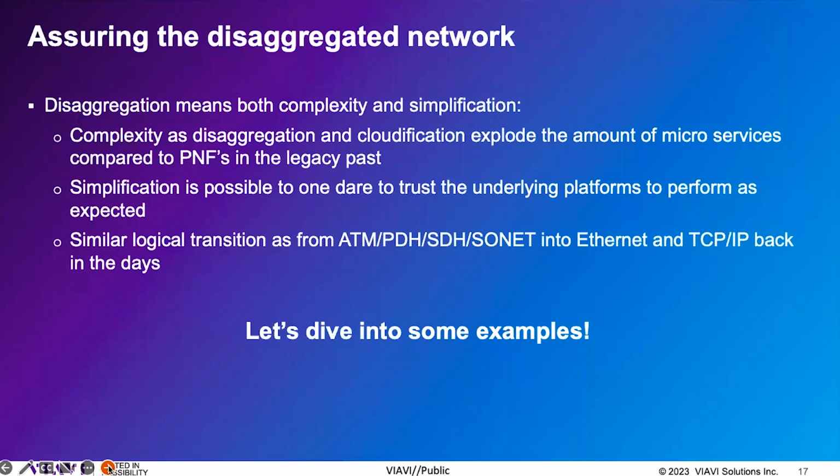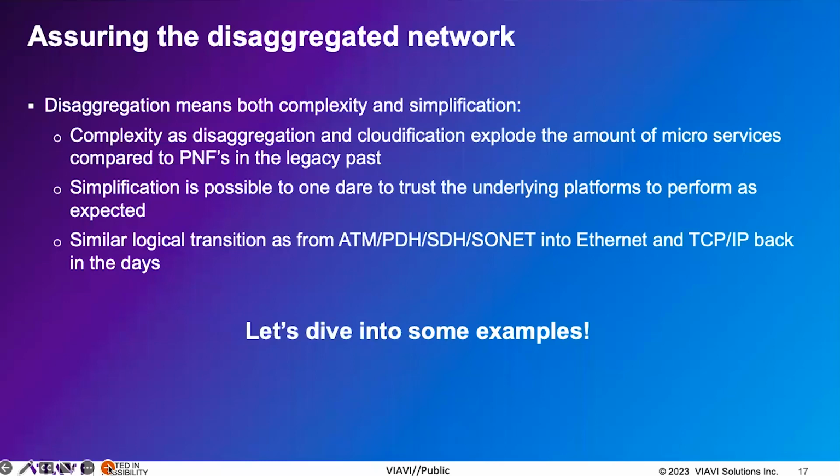And this is a very similar logical transition as some of us who've been in the industry for a while have gone through when we moved from an ATM or PDH or SDH or SONET world into Ethernet with TCP/IP, and where we started to trust that Ethernet is going to reliably take care of certain aspects, TCP is going to take care of the secure delivery, and IP is actually going to make the packet work from point A to point B. And once we started to trust that, we could get extremely good efficiency out of that.